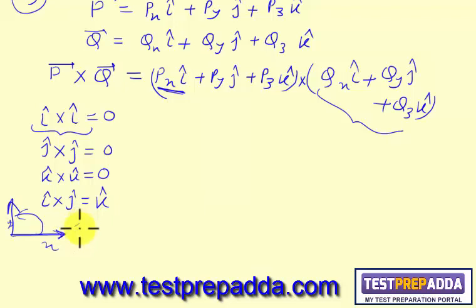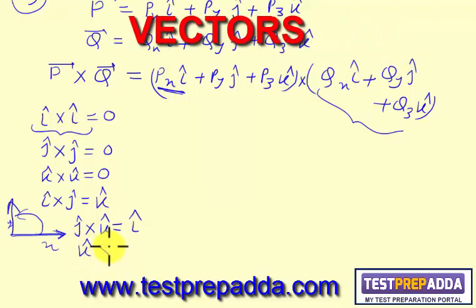Similarly, the cross product of j cap and k cap will give you I cap. And similarly, the cross product of k cap and I cap will give you j cap. Now, remember this as a cyclic way. I write I, j, k this way. So, if it is I cross j, it will be k. If it is j cross k, it will be I. If it is k cross I, it will be j.